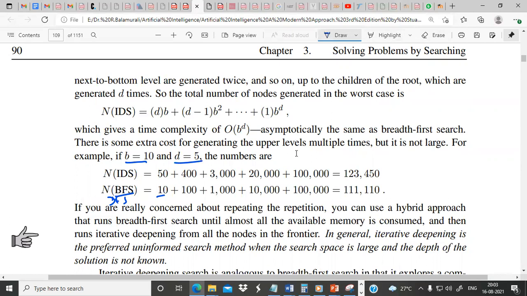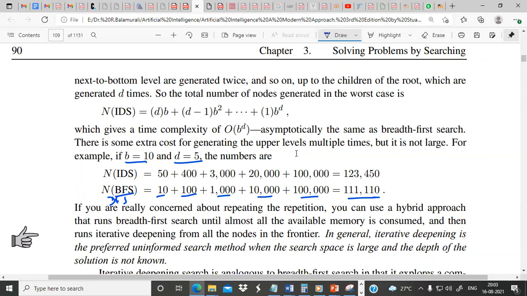At level 2, 100 nodes will be created because the branching factor is 10. At level 3, 1000. At level 4, 10,000. At level 5, 1 lakh. So the total number of nodes generated is this many, leaving out the root node. If you include the root node, another one will be there.